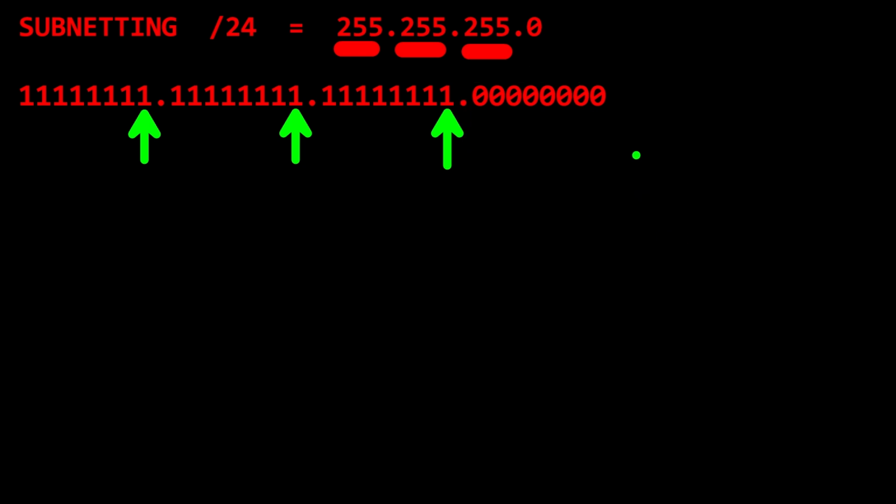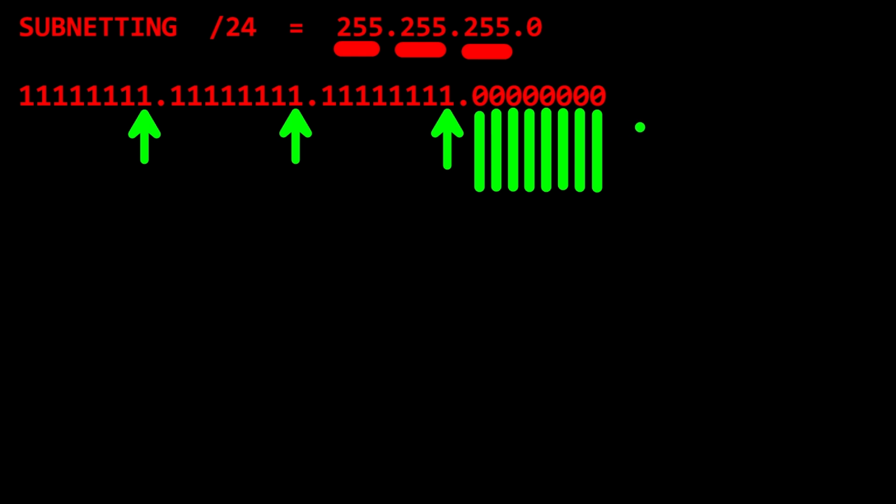Let's do that now. Starting with the number 2 and doubling it with each jump to the left: 2, 4, 8, 16, 32, 64, 128, 256. In an IP address, 255 is the highest available number.